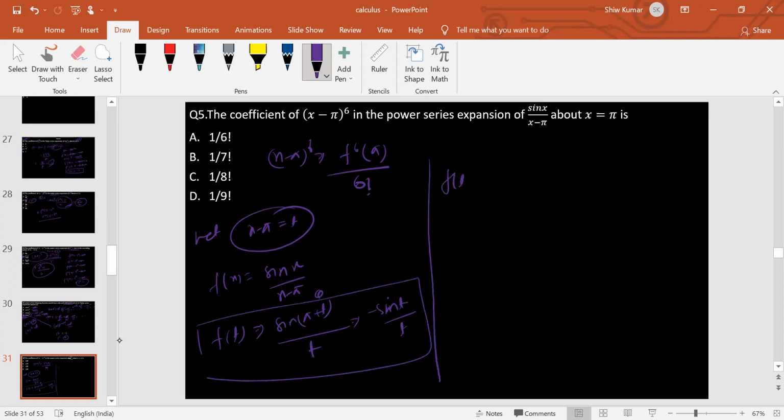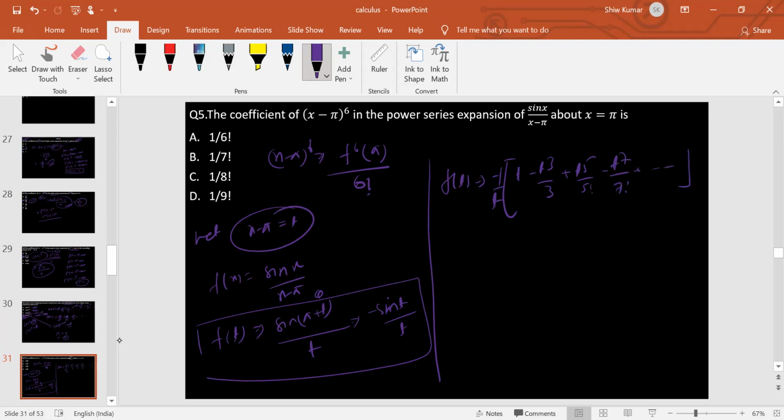Now you know the series of sin t: t minus t cube by 3 factorial plus t raised to 5 by 5 factorial minus t raised to 7 by 7 factorial and so on.